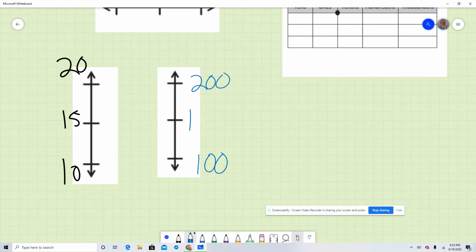Let's do one with decimals. What would be the midpoint between 1 and 2? It's going to be 1.5. What will be the midpoint between 10 and 20? That will be 15.